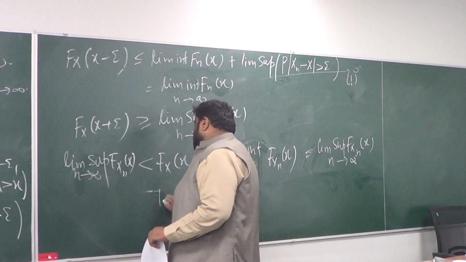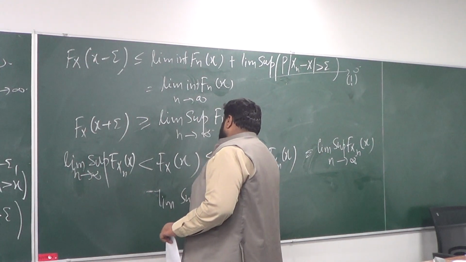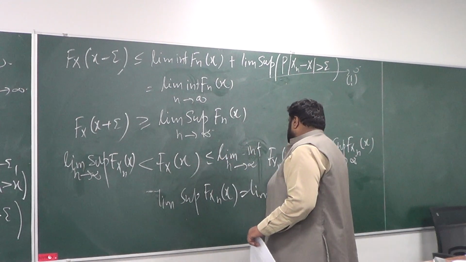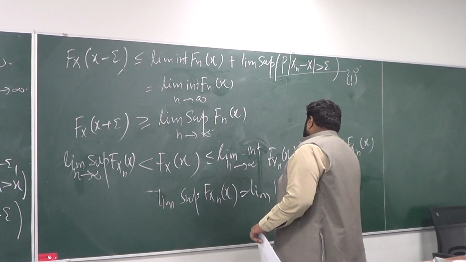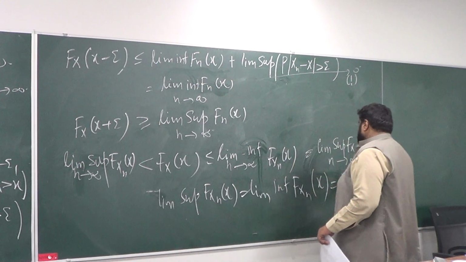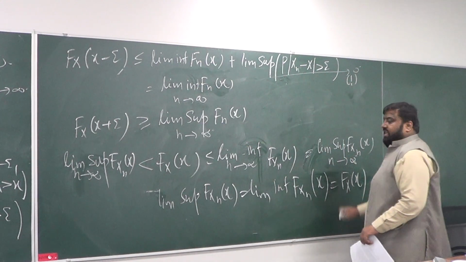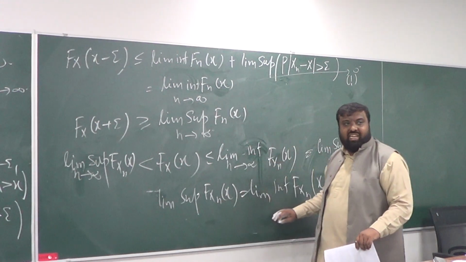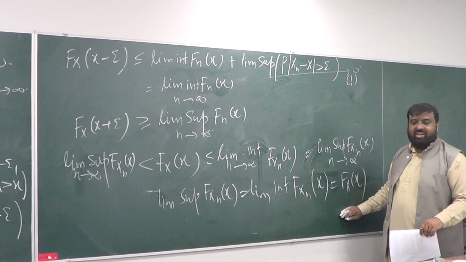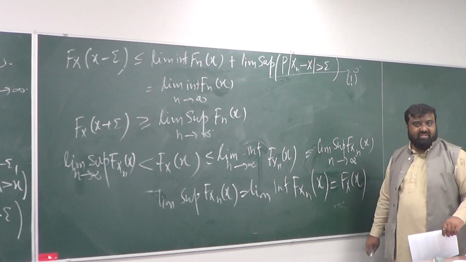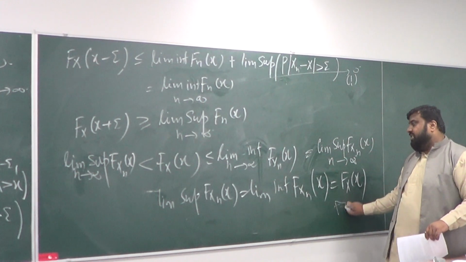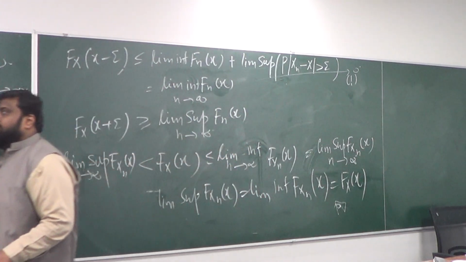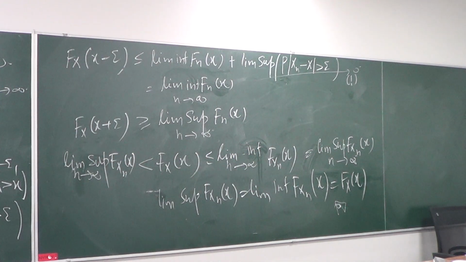The lim sup is equal to the lim inf and equal to Fx of x, and we have a result which says that if the lim sup and lim inf share a limit, then that's your limit. Okay? So this completes the proof. That's deep. Good exercise in basic analysis.